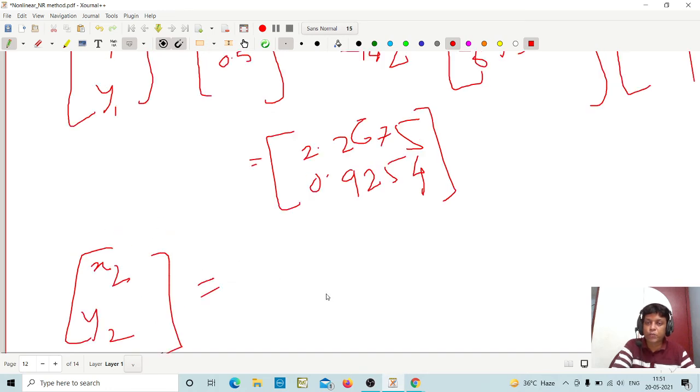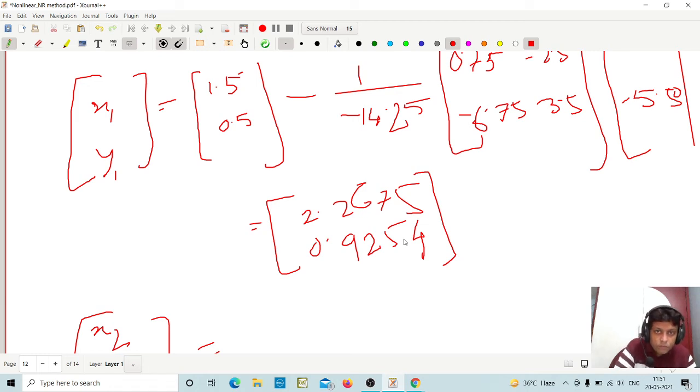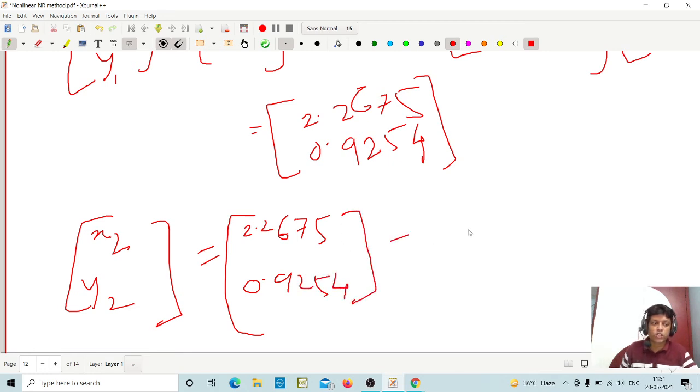So next you will substitute this one, right? So next iteration, your x1, y1 is replaced by 2.2675, 0.9254, and so on. You can do the same process.